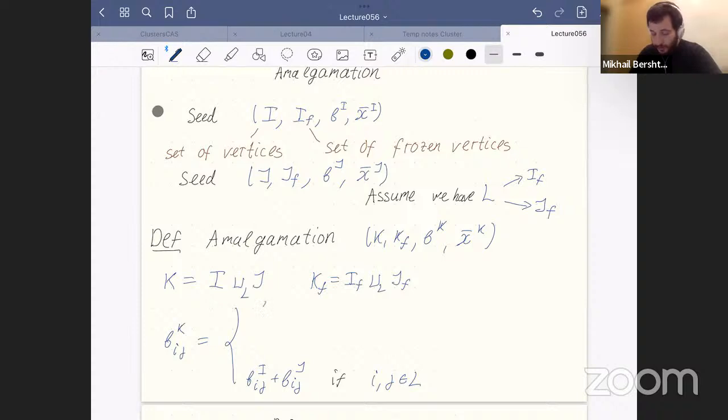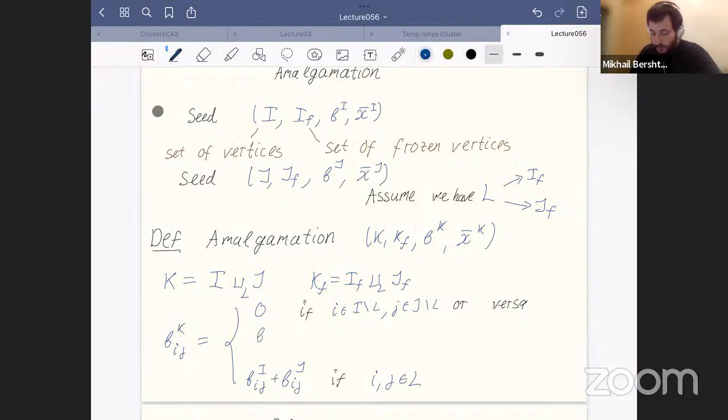Other cases which I meet, for example, it is 0 if i belongs to I minus L and j belongs to J minus L, or vice versa, the opposite.